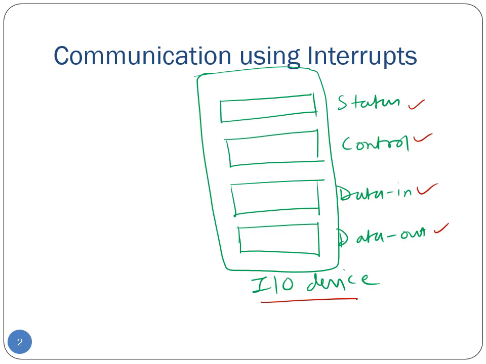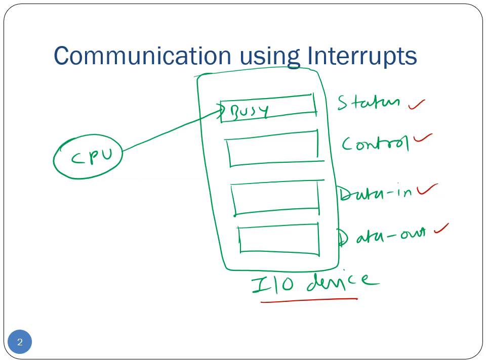We saw in the previous lecture that in polling based communication, whenever the CPU needs to communicate with an IO device, it will go read the status register of the IO device to check whether the device is available or not. If the device is busy, then the CPU will keep polling, or basically busy waiting on this status register until the device becomes available.